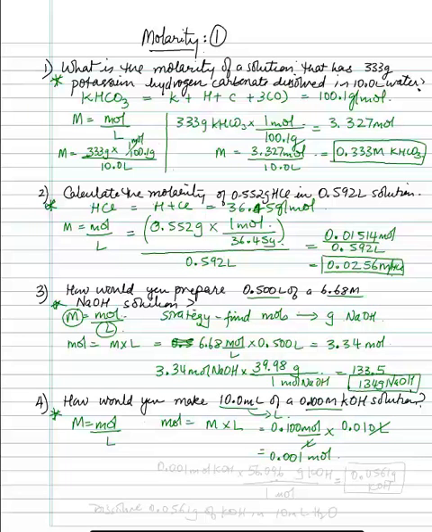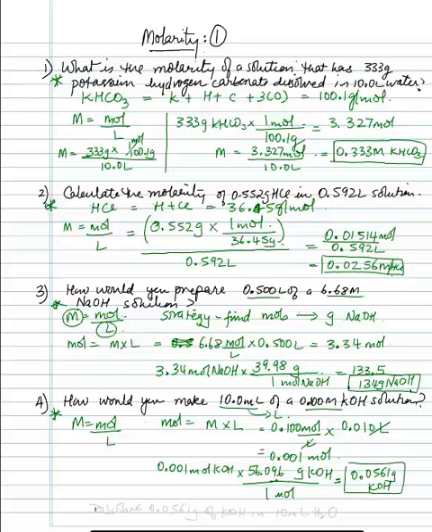And then we convert the moles into grams: 0.001 moles KOH times grams over 1 mole of potassium hydroxide, and the mass of potassium hydroxide, which is 1 potassium plus 1 oxygen plus 1 hydrogen, is 56.096, and the answer is 0.0561 grams of potassium hydroxide.